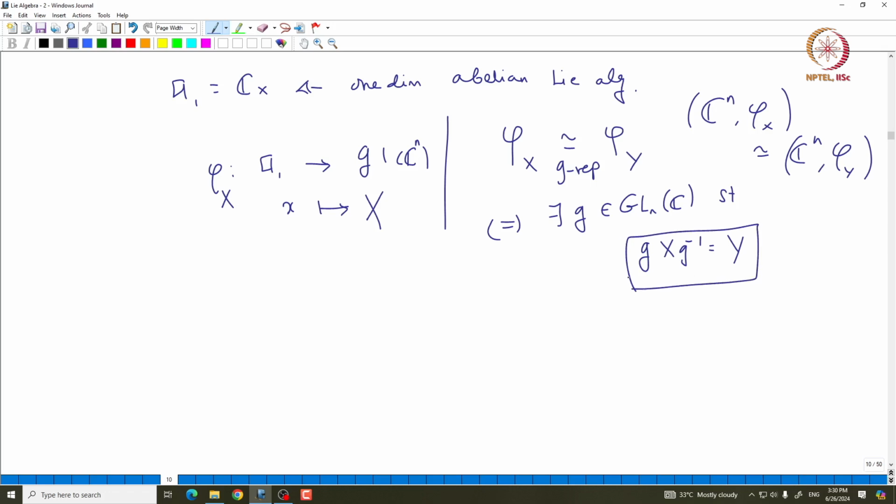We know that up to GLn conjugacy, X can be transformed into Jordan form.